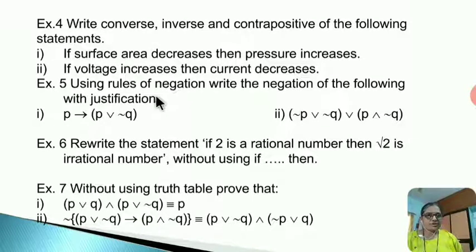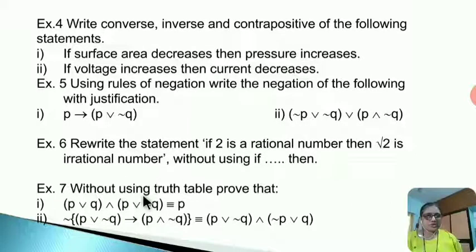In the fifth example, by using the rules of negation, we have to find the negation of given statements with the justification. In the sixth example, we have to write the statement without using if-then. The given statement is, if 2 is a rational number, then root 2 is irrational.